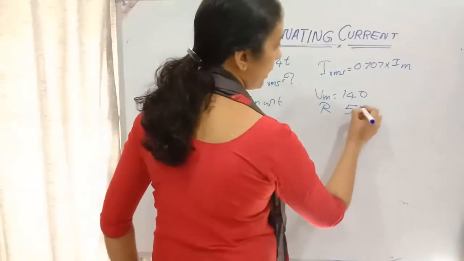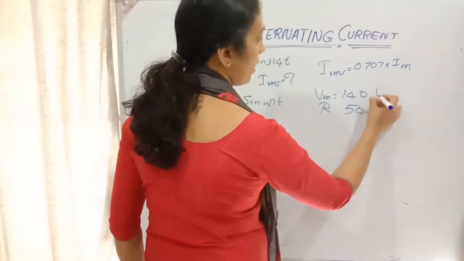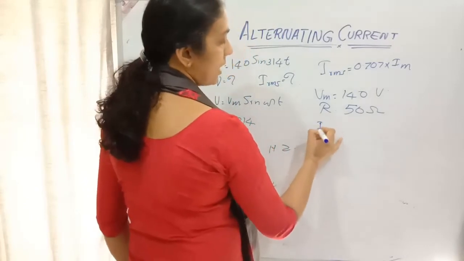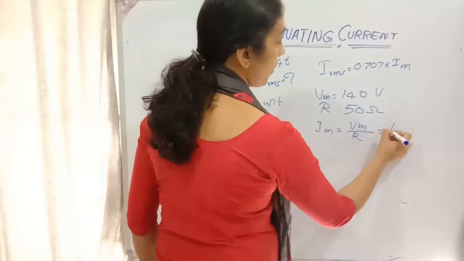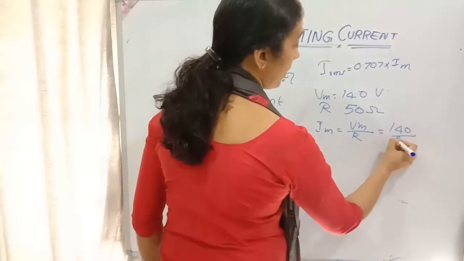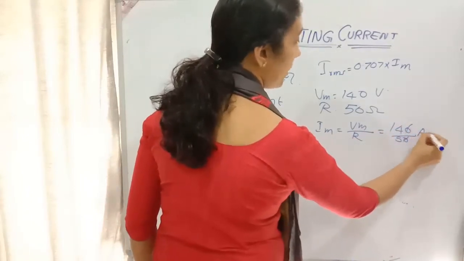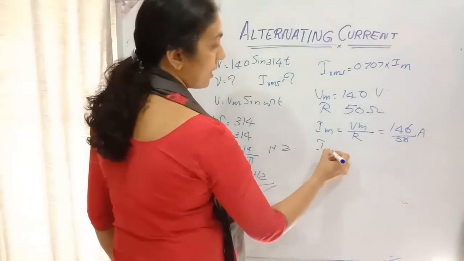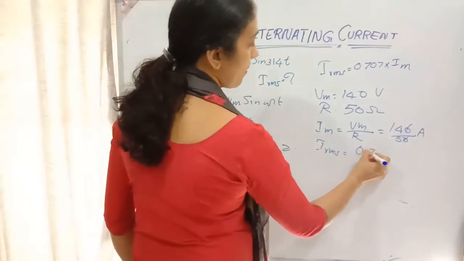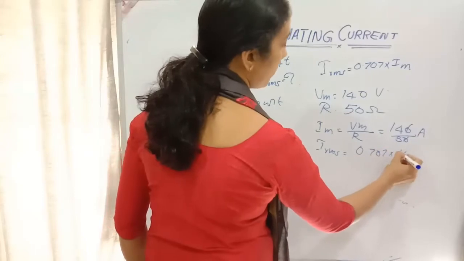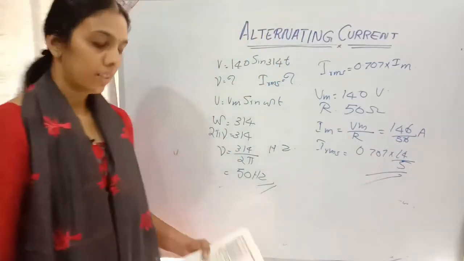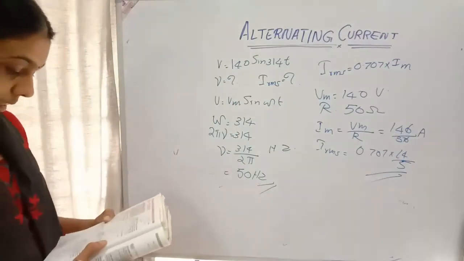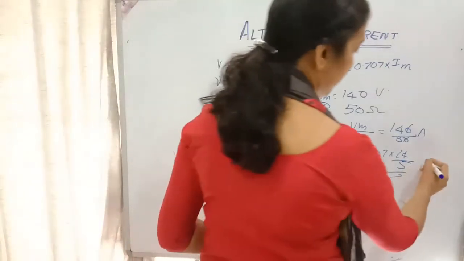So Im will be equal to Vm divided by R, 140 divided by 50, in ampere. Then IRMS is equal to 0.707 into 14 divided by 5. By calculating, you will get the final answer as 2 ampere.